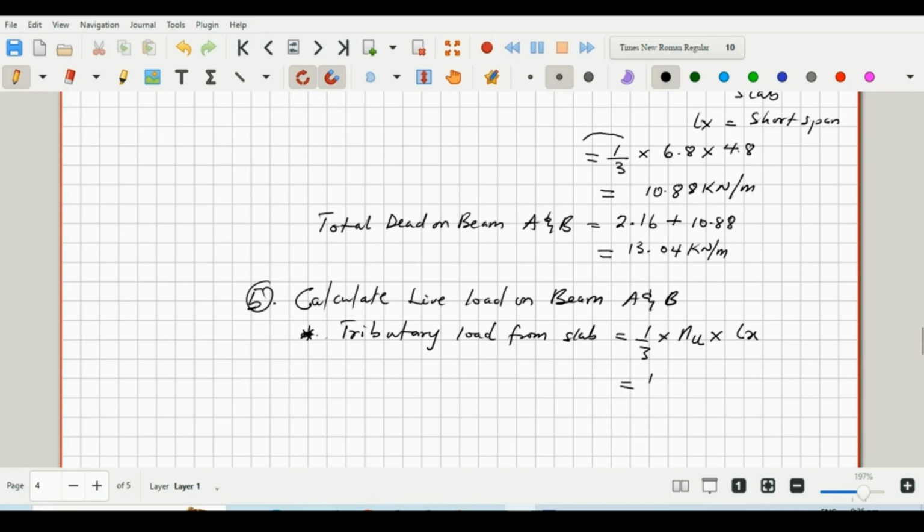So that will give us 1 on 3 multiplied by life load, which is 1.5 kilonewton per square meter, and the short span is 4.8 meters. If we work this out, we'll have 2.4 kilonewton per meter.